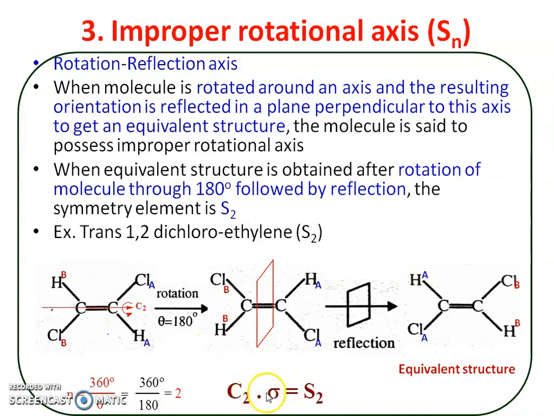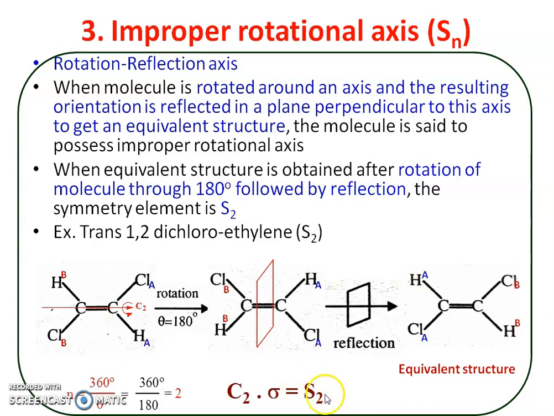C2 into sigma, the sigma is the plane of symmetry. This is the sigma plane, or it is a plane at a right angle to C2. So C2 into sigma, that is S2. Actually this is the mathematical expression for S2.